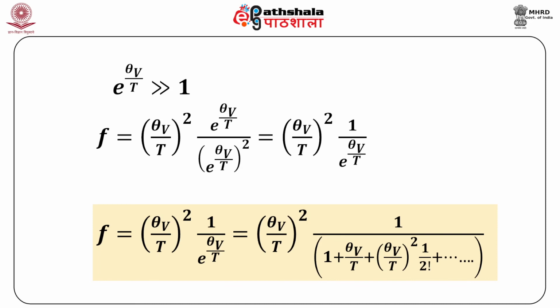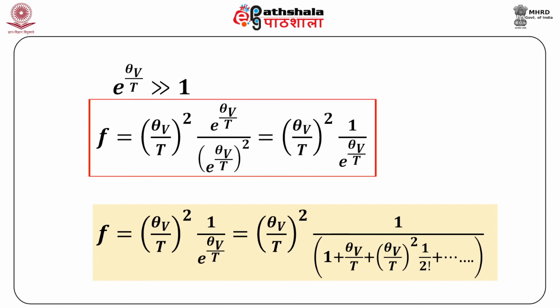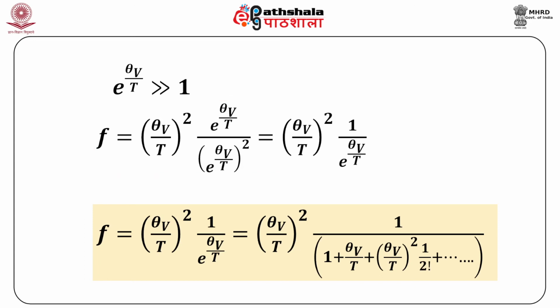Now, if we look at the expression for the Einstein function, you can see in equation 16 that this equation gets modified and we have F is equal to theta v by T whole square into 1 upon e to the power theta v by T. That is what equation 16 is.